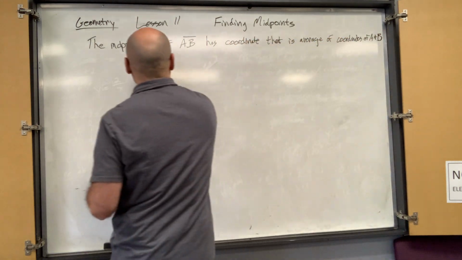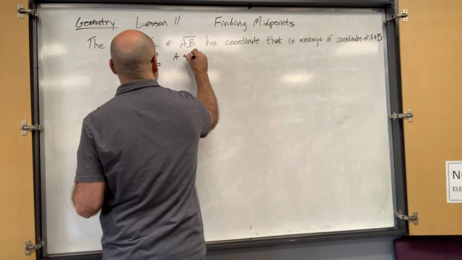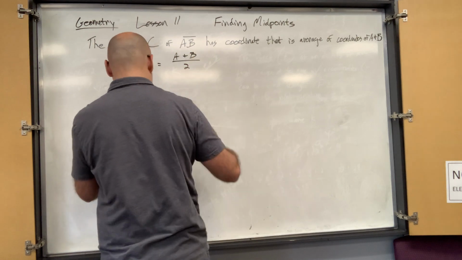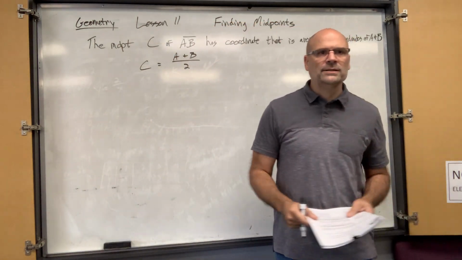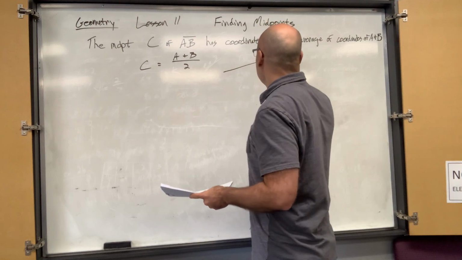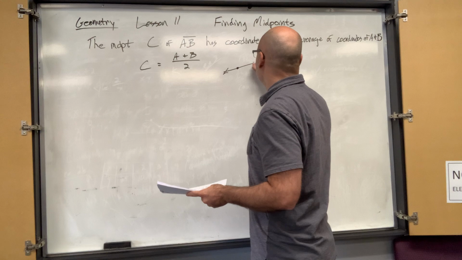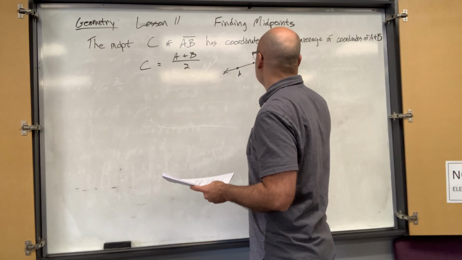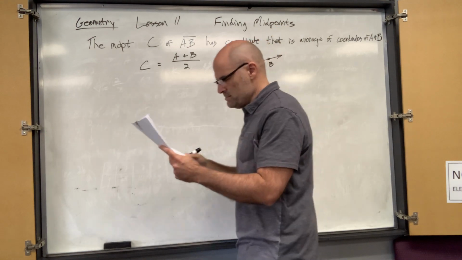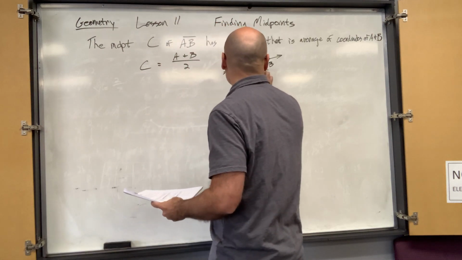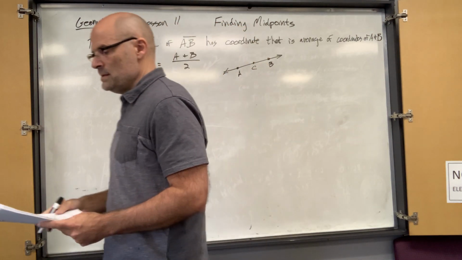Okay. So C equals (A plus B) over 2. Right? Okay, so if I had a number line here, here's A, here's B, and here's the midpoint, C. We actually gave it the letter C.